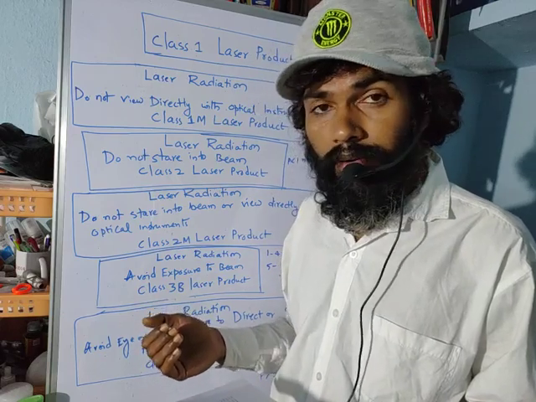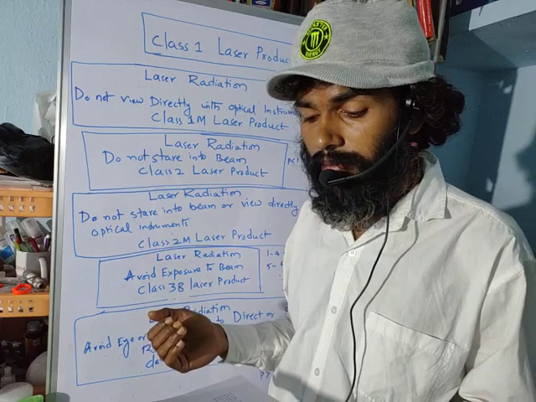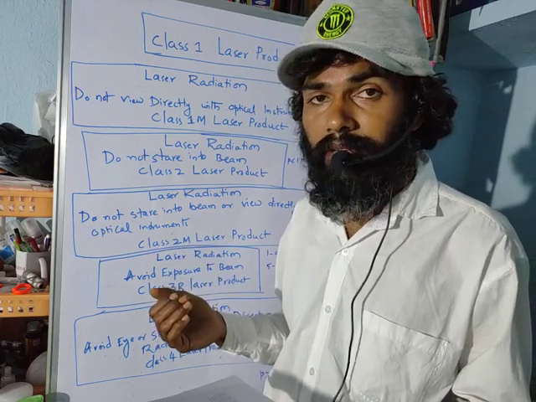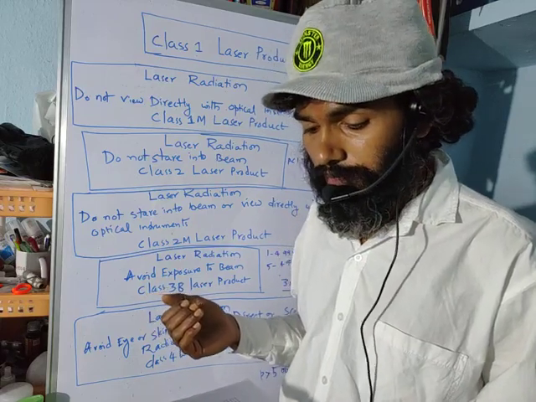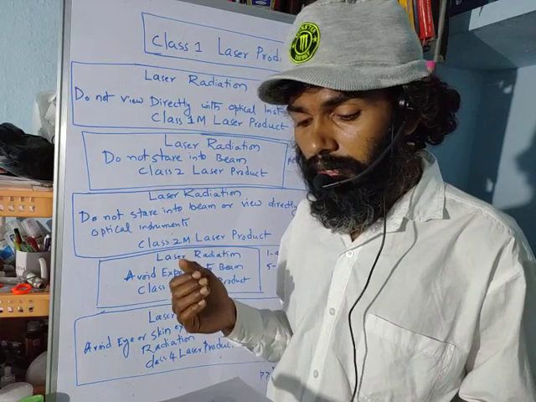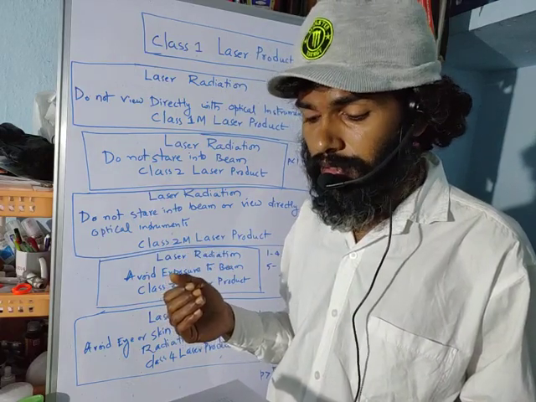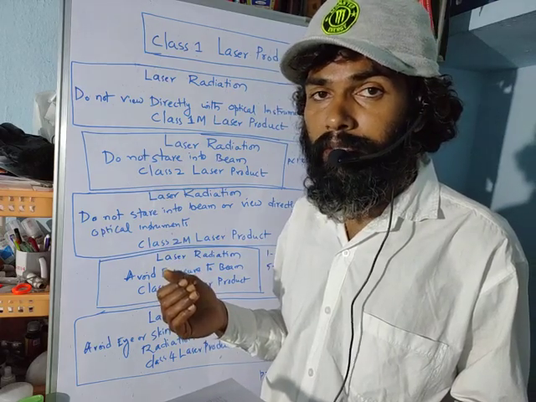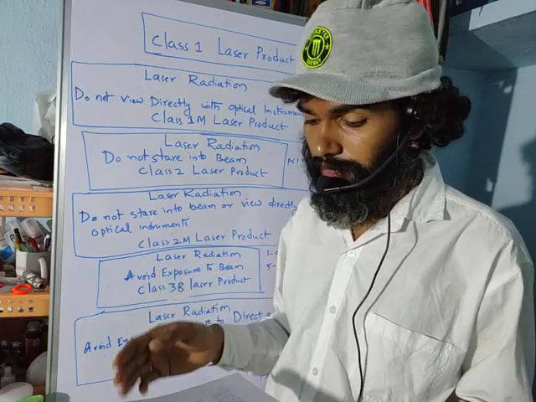The no ocular hazard distance of a 5-watt laser with 1 milliradian divergence is 500 meters. That's half a kilometer. So you can look at 5 watts of laser which has 1 milliradian divergence safely from a distance of 500 meters. But if you're less than that, then you're in danger.